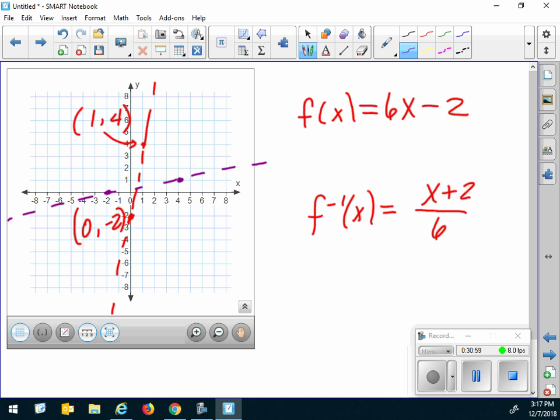I just want you to see a function and its inverse, the x's and y's swap. But if you start with an x squared, you're not going to have both the top and the bottom on the square root part, because that wouldn't be a function. That would fail the vertical line test.